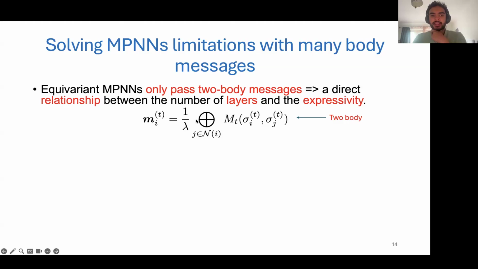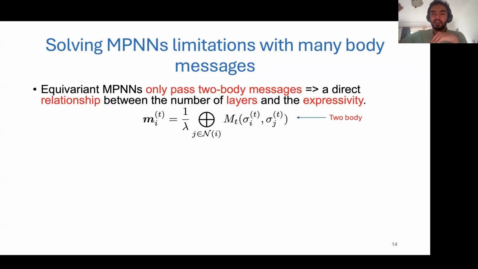And this strictly limits the expressivity of the model if you use few layers, because we know that the real potential energy surface is of very high body order. And it creates a deep relationship between the number of layers of your network and the expressivity, because the only way to build up the body order is to increase the number of layers, but that also increases the receptive field.